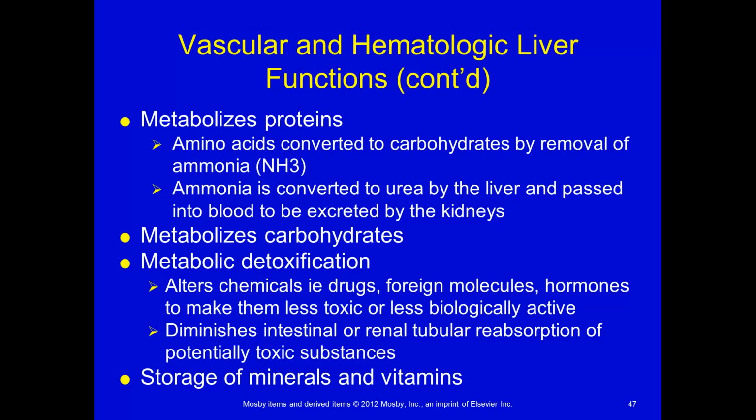What happens in the liver is that it diminishes intestinal or renal tubular reabsorption of those potentially toxic substances and facilitates their intestinal and renal excretion. So things like alcohol, barbiturates, and amphetamines are metabolized or detoxified in the liver, preventing excessive accumulation and adverse effects of those substances.